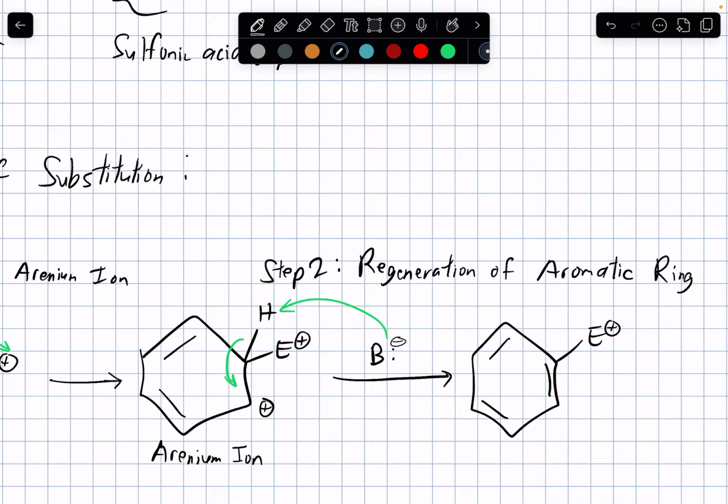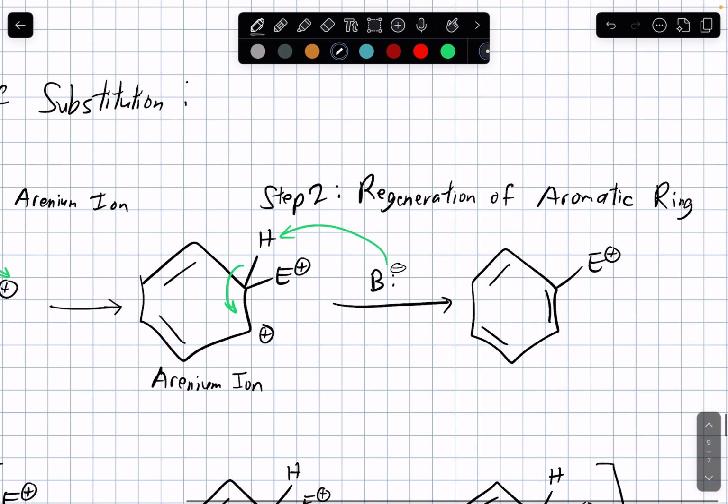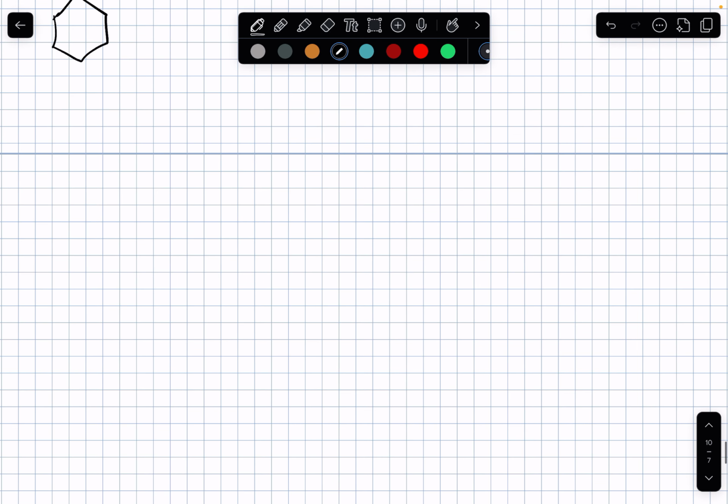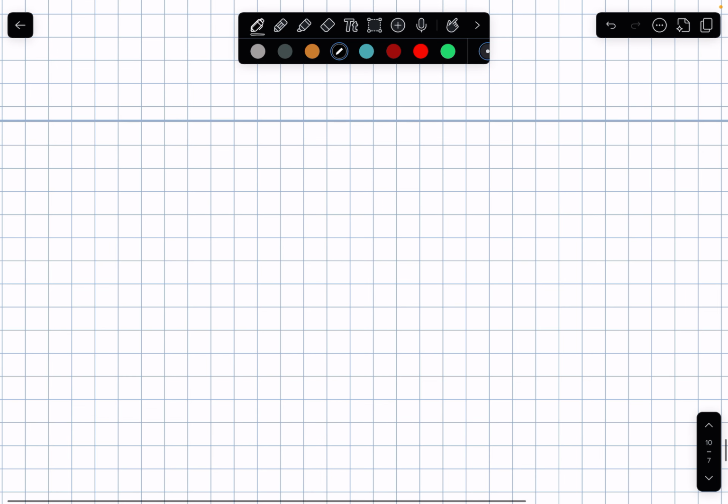Aromatic compounds are stable. So the tendency is the arenium ion that we just formed wants to become aromatic again, no? In other words, it wants to be stable once again. That's basically the story, okay? Let's now begin with halogenation, the first reaction.